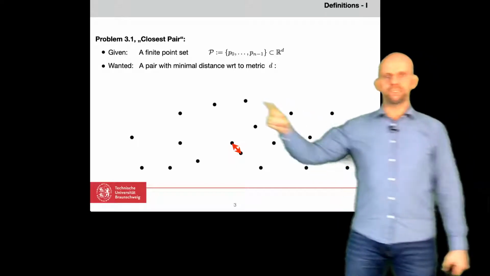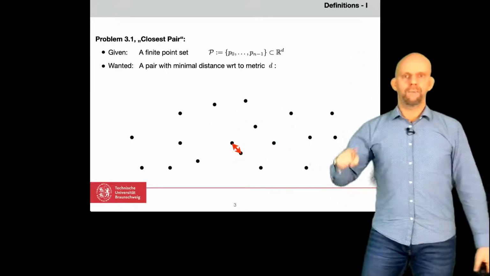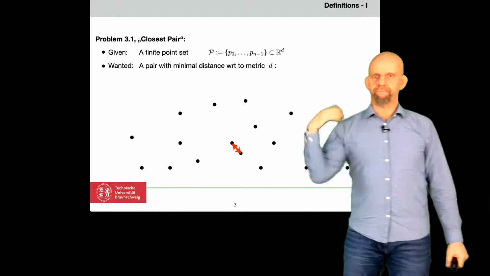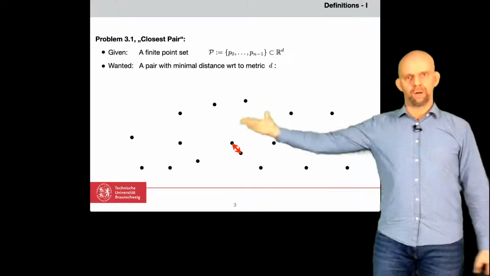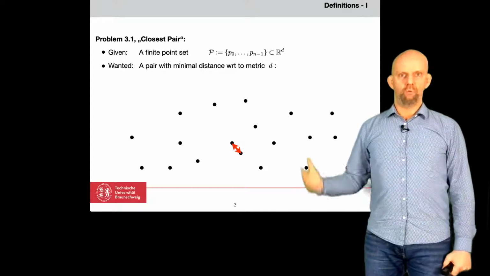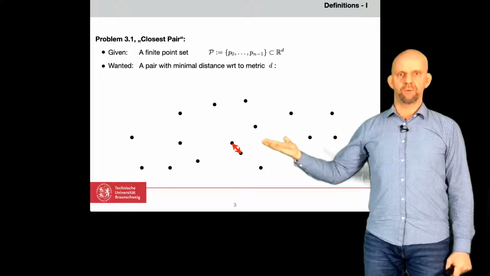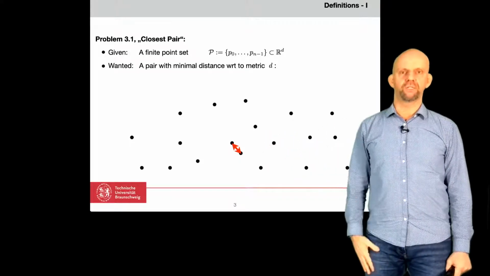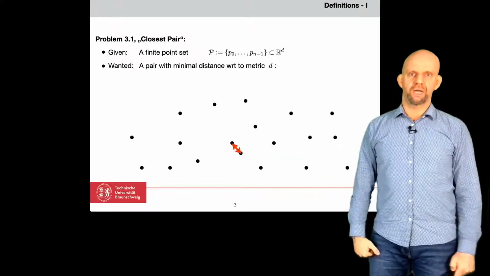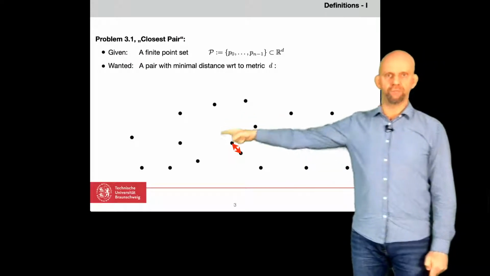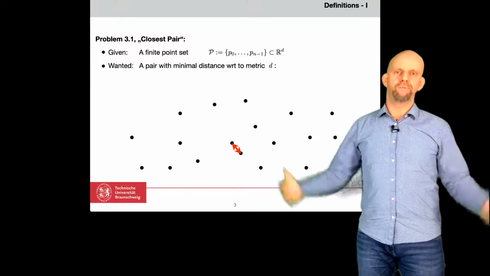But when you look at this set of points, there are different ways of computing distances, and there are different ways of comparing all these distances. Which of them has the smallest distance? Now, it's not so difficult to see that you can do this in quadratic time. Look at all the pairs of points, and one of them is the closest.